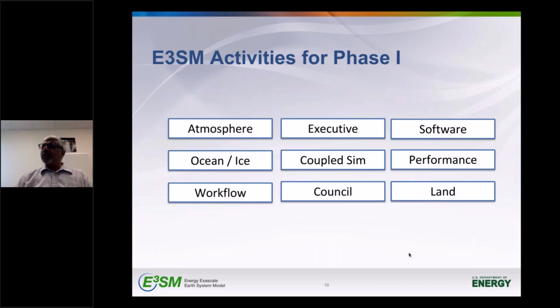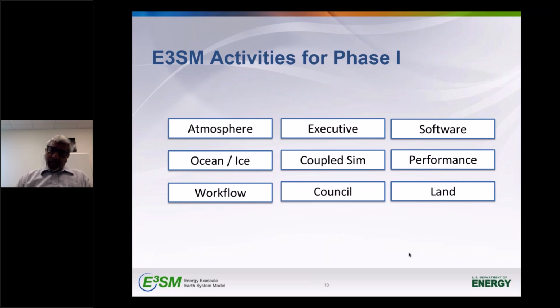So as we know, the Earth system model is essentially an aggregation of different Earth system components, namely the atmosphere, ocean, ice, and land components primarily. And the project is organized around these themes, and also around major themes of software development of the model.